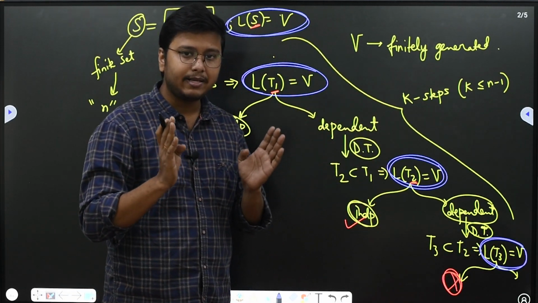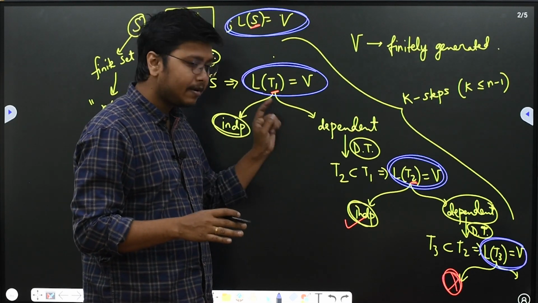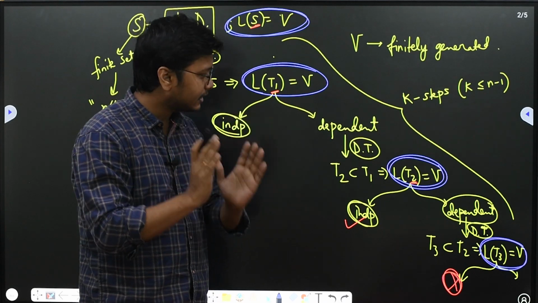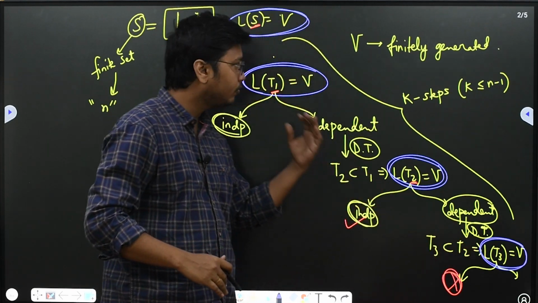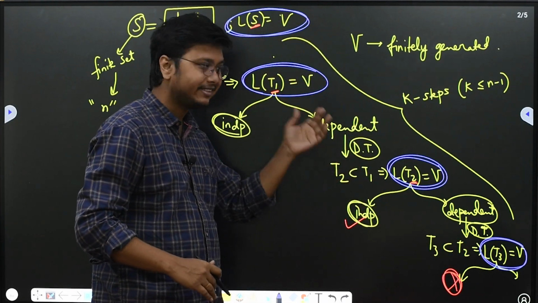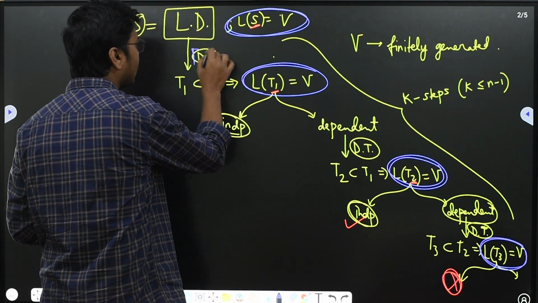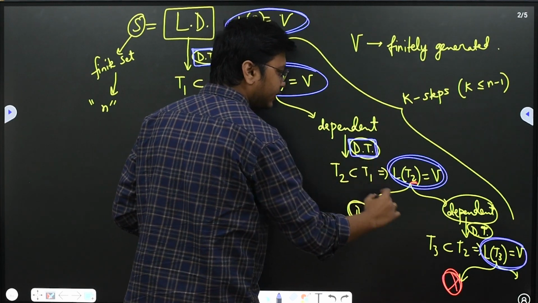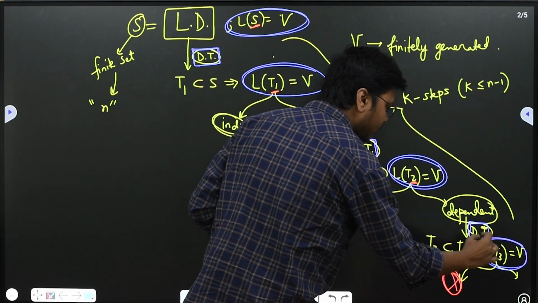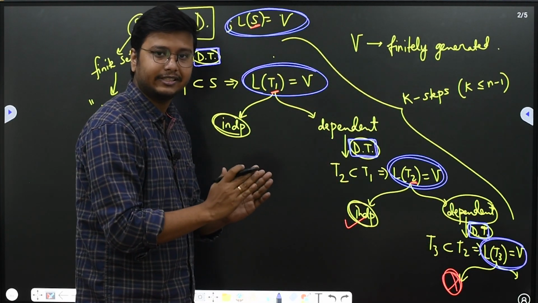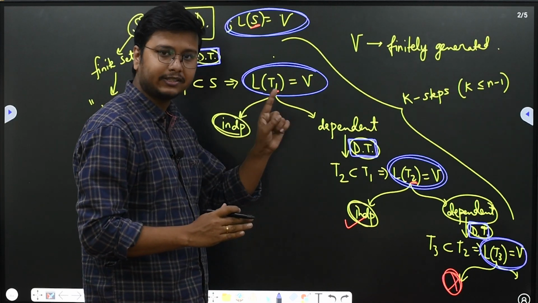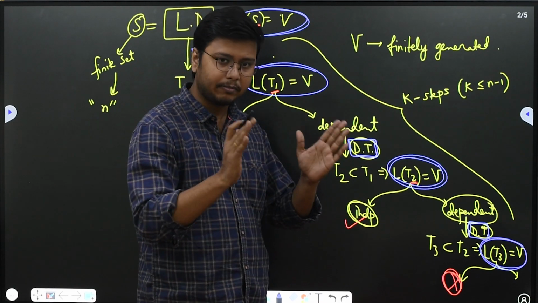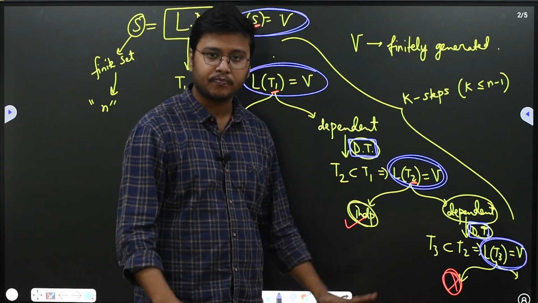But we are very much interested in that particular set which is the smallest one such that it is generating V. So we want to create the smallest set. That's why we are going through a process of deletion, and we are trying to get the smallest possible set which will generate V. And how do we understand it is smallest? The moment it becomes linearly independent, that means it has become the smallest set.